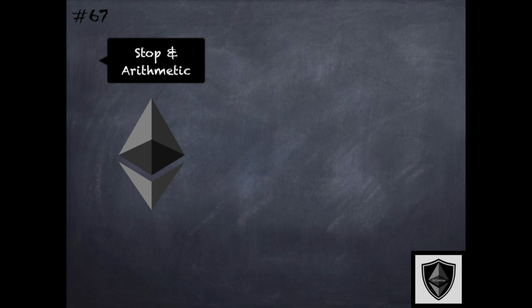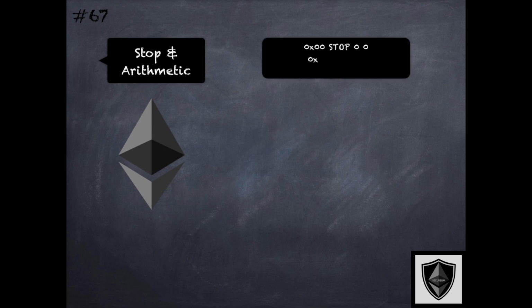Stop and arithmetic instructions. The format for each of these instructions that you see on the slide is in the form of the opcode that you see, in the form of the hex representation, 0x00 for stop, and then stop itself is referred to as a mnemonic.